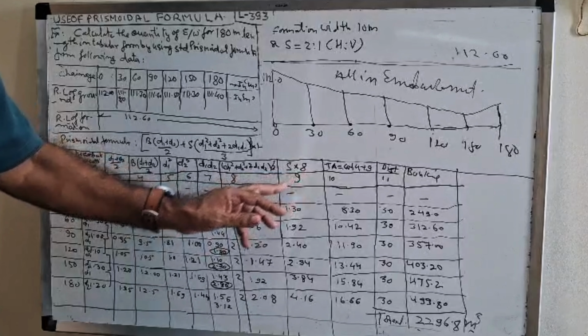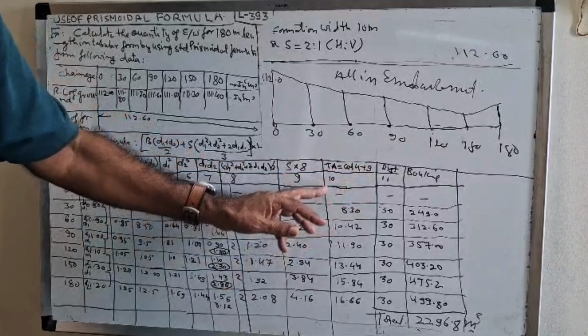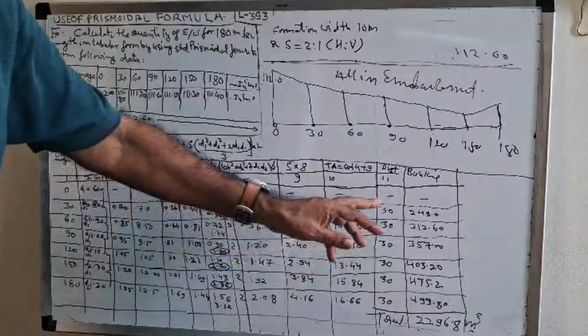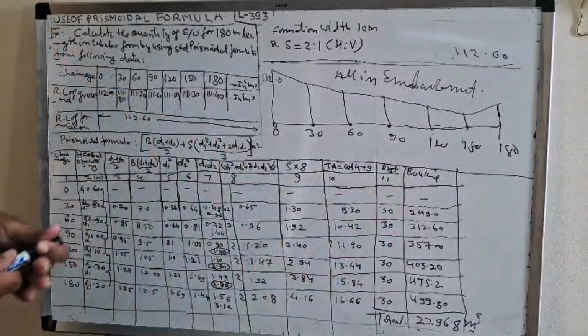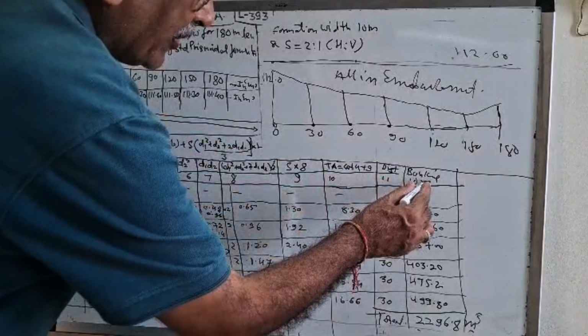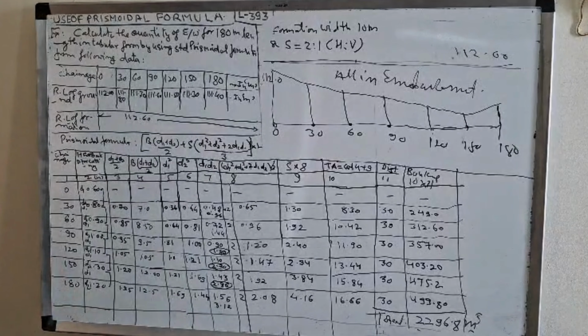Column 9 is S times column 8, and the total area is column 4 plus 9, that is column 10, and this is the distance, that is 30. So this will be multiplied by that, that is column 10 into 11, for banking.